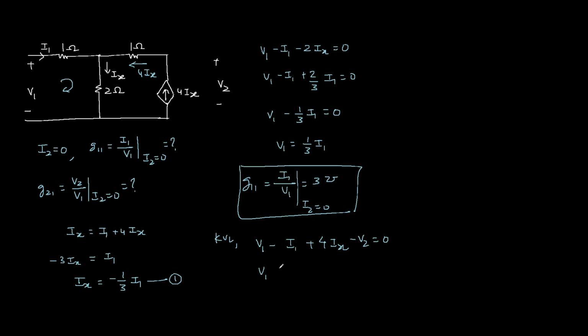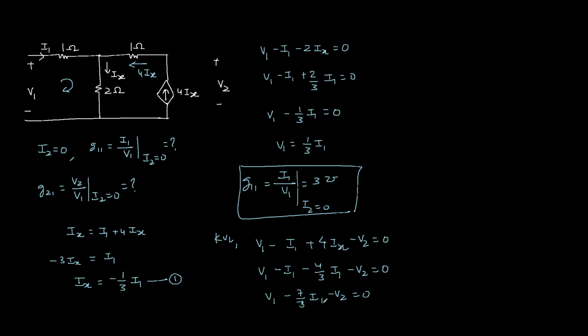So this V1 minus I1, replacing Ix from equation 1, this will give 4 by 3 I1 minus V2. So V1 minus 1 minus 4 by 3 is minus 7 by 3 I1 minus V2 equal to 0.